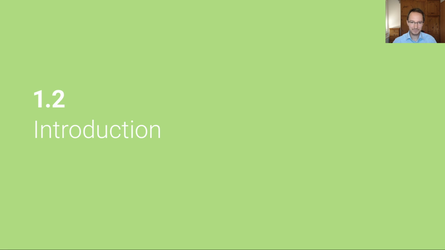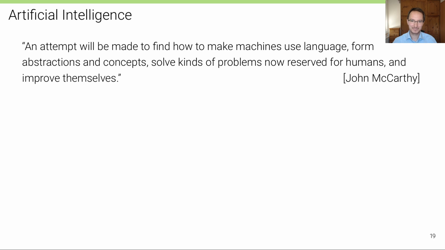In this second unit, we're going to introduce what computer vision is and also have a look at some of the challenges involved in this problem. To put computer vision into context, let's consider it as part of what is typically considered an aspect of the general field of artificial intelligence.